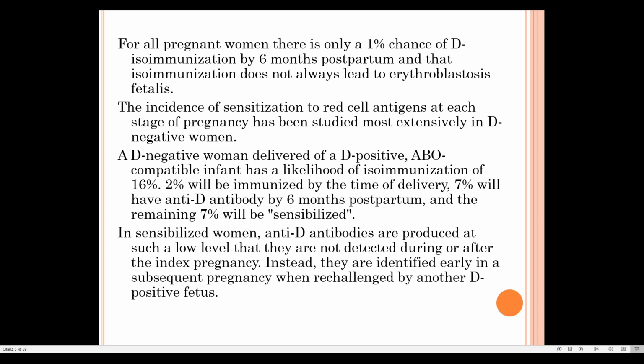In sensibilized women, anti-D antibodies are produced at such a low level that they are not detected during or after the index pregnancy. Instead, they are identified early in a subsequent pregnancy when rechallenged by another D-positive fetus.